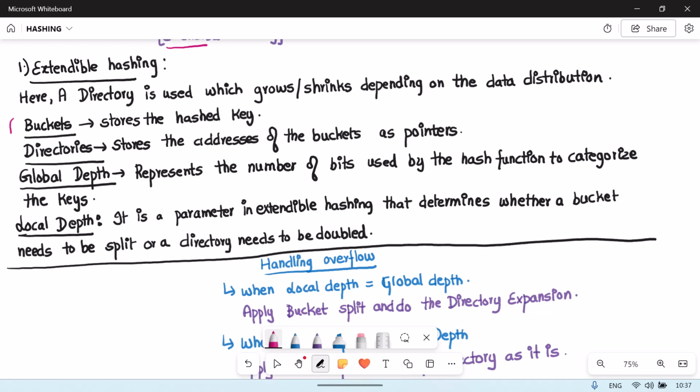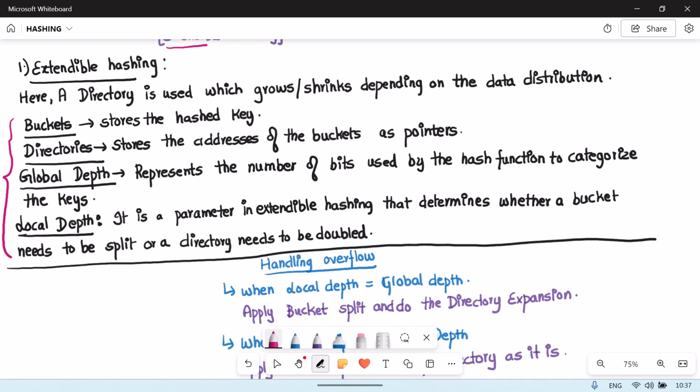And these four terms play a very important role when you carry out extendable hashing: first bucket, then directory, global depth, and local depth. I will read out the definitions and try to explain. If you don't understand at this point, then we will do an example where you can clearly see how these terms are used.